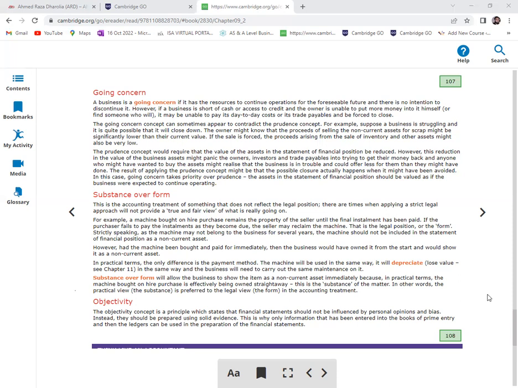In order to provide a true and fair view, you should follow the accounting instead of following the legalities. So if you have an asset and you are using it, taking economic benefits from that asset, you should record that asset in your books. Although you don't own it, you should record it. This is accounting and this is called substance over form.